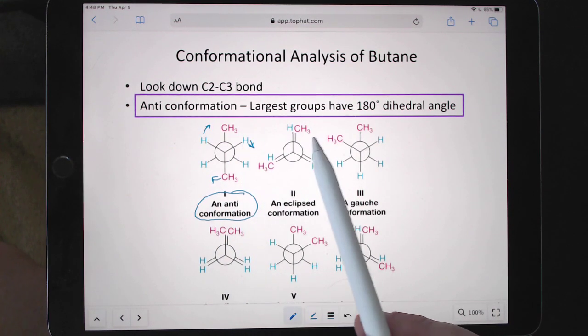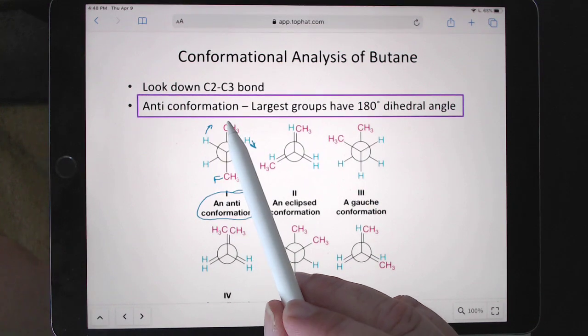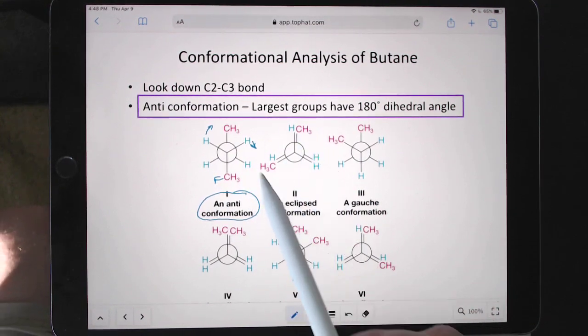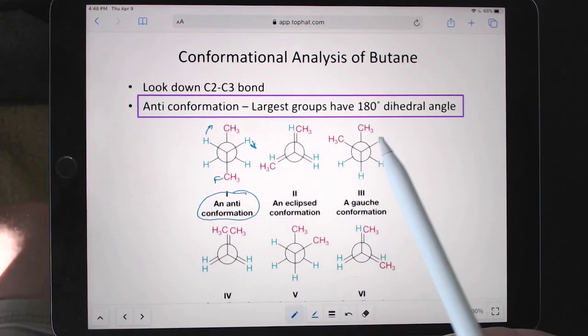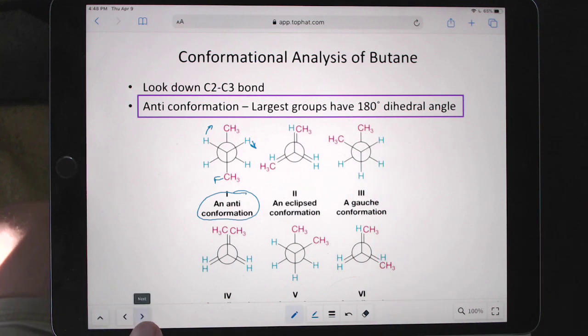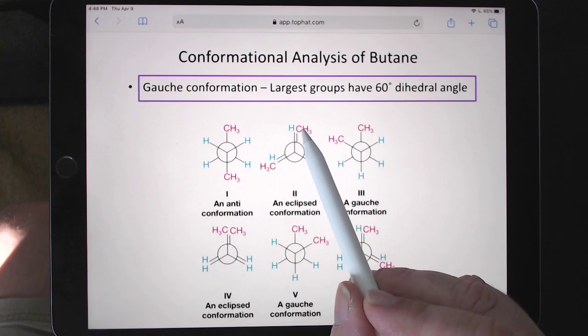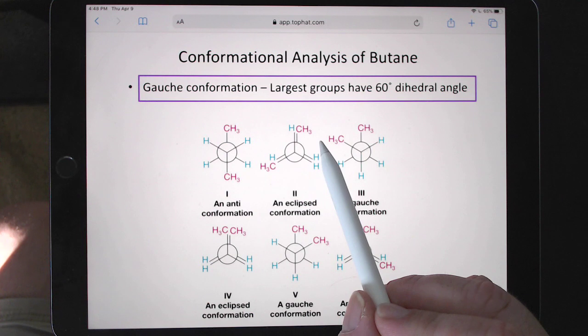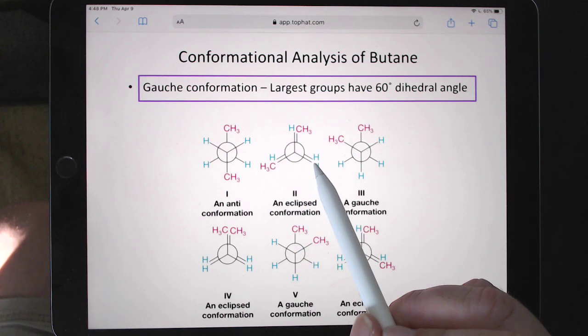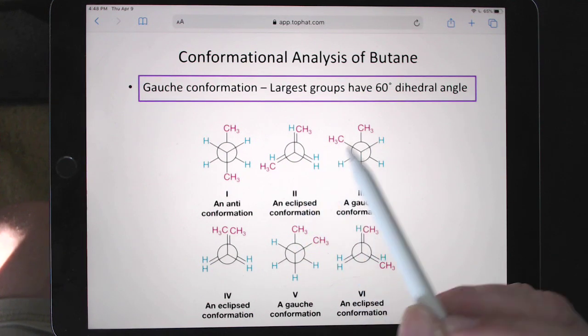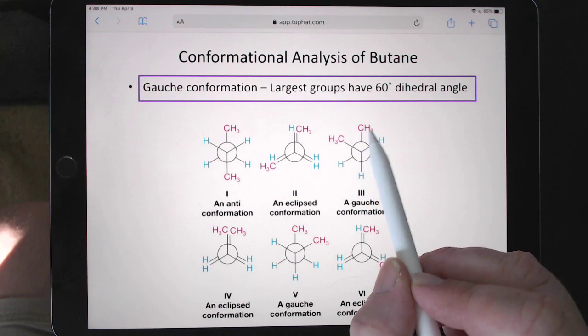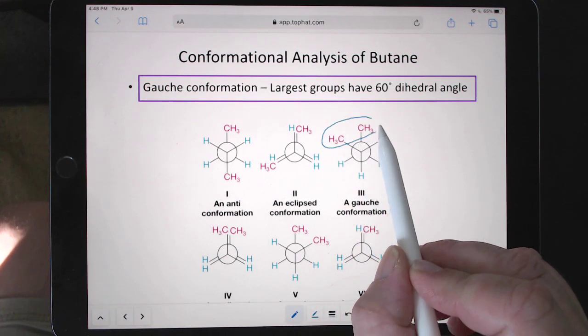Now if you rotate it, this goes here, this goes here, and this goes there. You're eclipsing. If you rotate it again so that this hydrogen is here, this methyl is here, and this hydrogen is down here, you have what's called a gauche interaction.